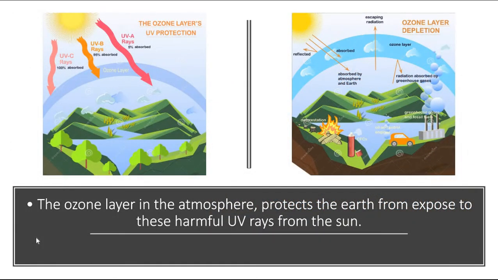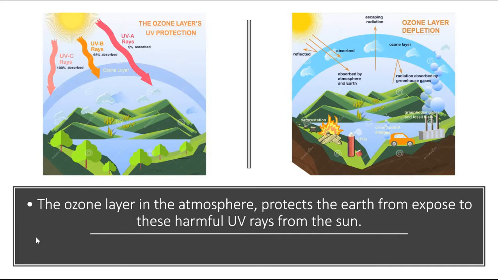Next up, we are going to talk about the ozone layer. The ozone layer in the atmosphere protects the Earth from exposure to harmful UV rays from the sun. So we have the sun. The sun emits various types of ultraviolet rays.